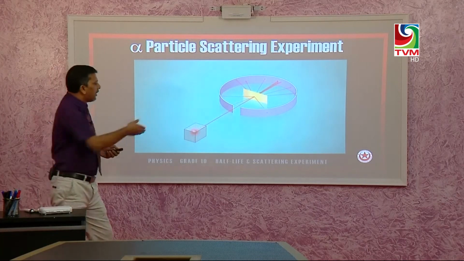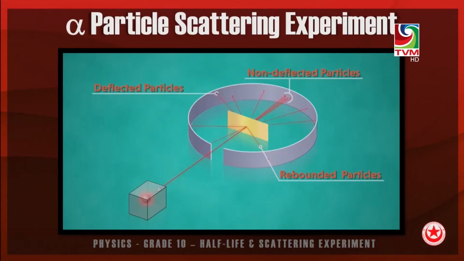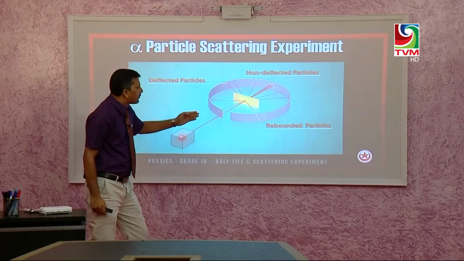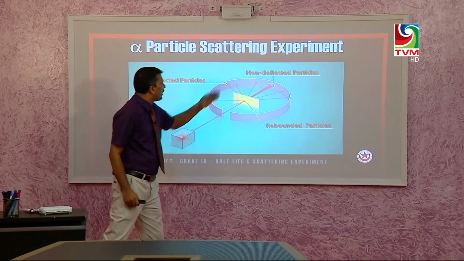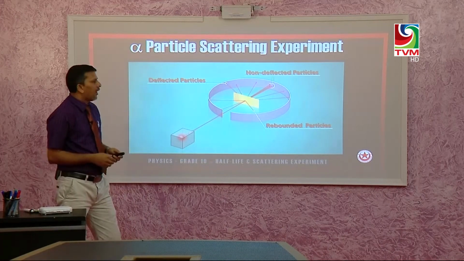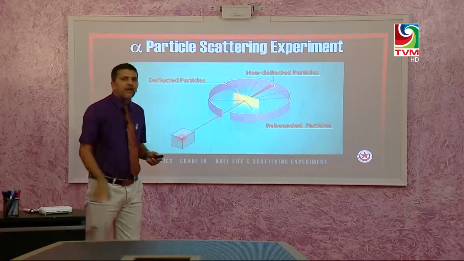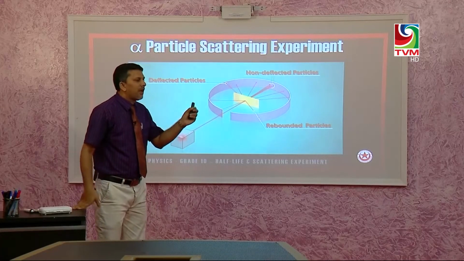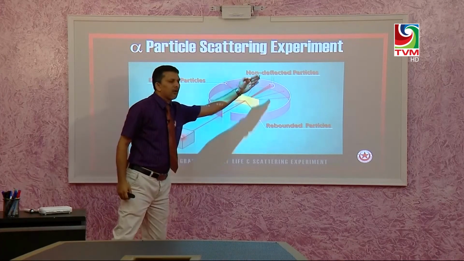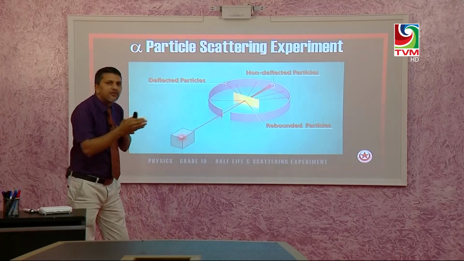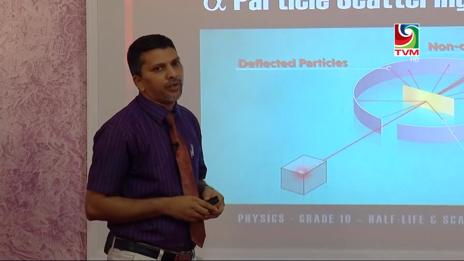Now he conducted this experiment and got three different observations. Most of the alpha rays were not deflected, some alpha particles were deflected, and some rebounded. Actually he expected all the alpha rays to pass straight through the gold foil undeflected.